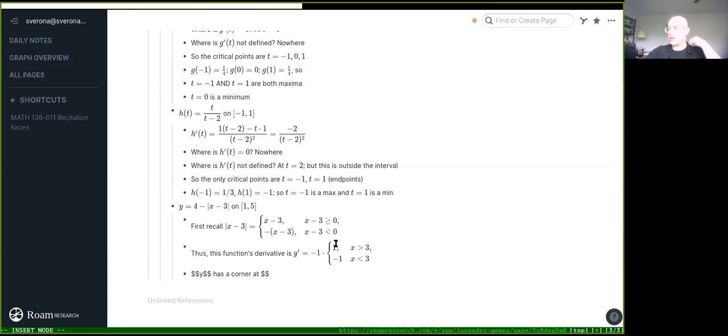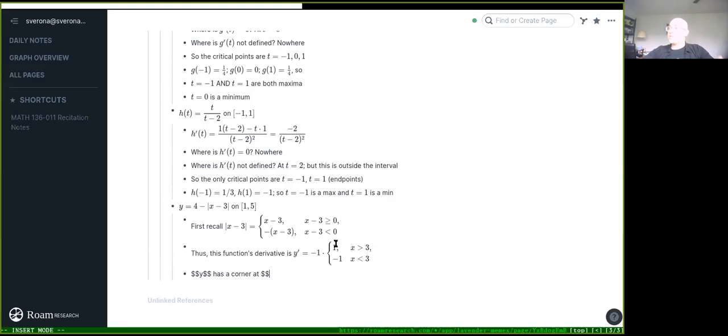So you have to be a little bit careful with piecewise functions, because usually at the points where they join, I think of them as like the joints of it. So absolute value has what I would call a joint or a corner at x equals 0. Absolute value of x minus 3 has such a thing at x equals 3. That's how I think of it.